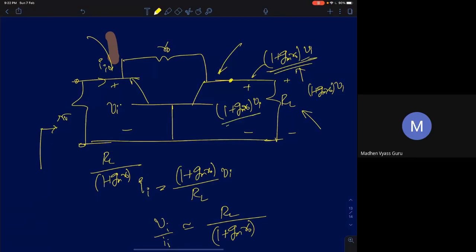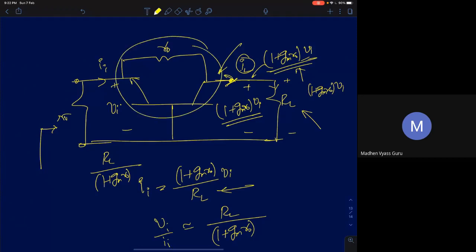Now, if you know the output voltage, you also know the current flowing through the load resistance, which will be 1 plus Gm R naught Vi divided by RL. That's your load current. But if you look at this structure, you can directly see that this load current IL is the same as II, the current entering here. Why is II equal to IL? Because if you ignore R pi, what is the path for the current?